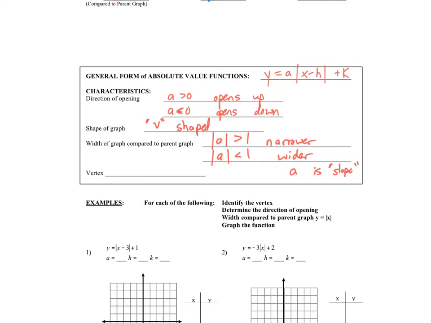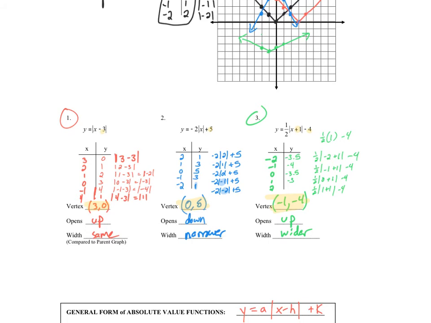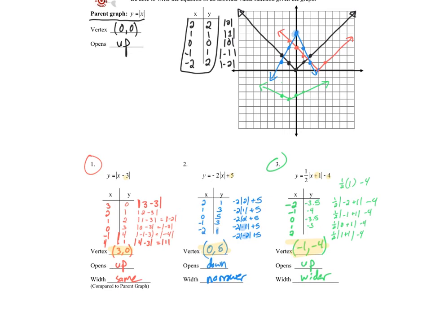So if we scroll up, let's look for when a is a fraction. As you see in number 3, or the green graph, it's a fraction, it's 1/2. The absolute value of 1/2 is less than 1. So that's why it's wider. If you look at the blue graph, it is narrower, and the number in front is -2. The absolute value of -2 is bigger than 1, so it gets narrower.